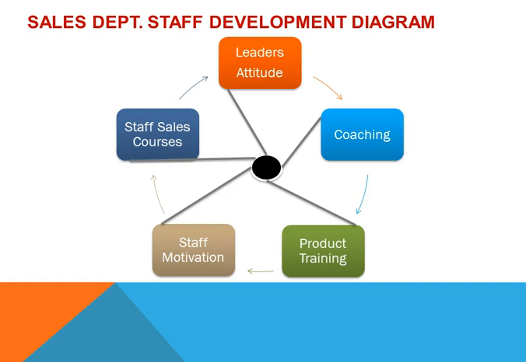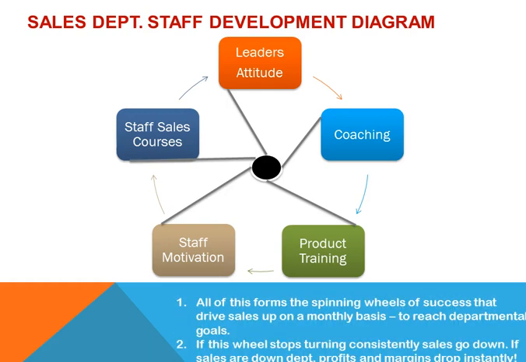These people will need sales courses, meaning the sales staff will need courses in order to maintain the momentum of the organization financially, for the organization to survive. All of this forms the spinning wheel of success that drives sales up on a monthly basis to reach departmental goals.